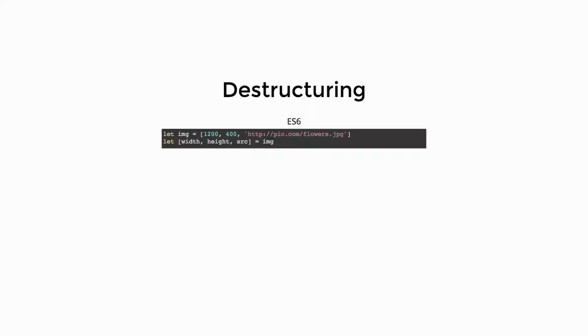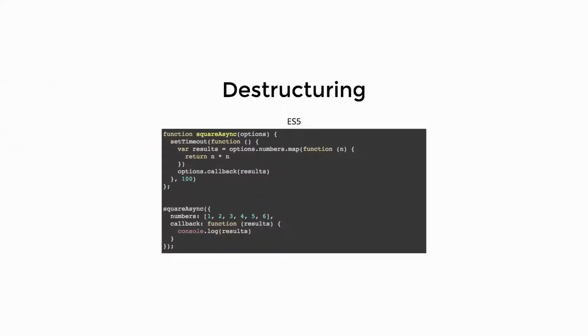Again, that's just a zero-based array, right? 0 is 1200, 1 is 400, and 2 is the URL. And when I assign it here to another array, it takes the indexes and assigns them to those variables. So after this point, I would have width is the value of 1200, height is the value of 400, and those variables become available for use anywhere.